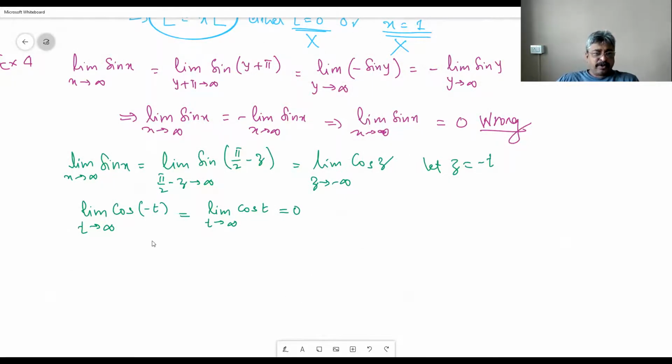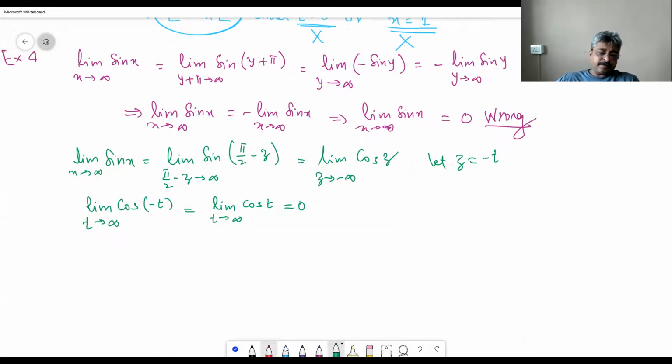Now if we square both sides and take limit, sin square x plus cos square x as x tends to infinity is equal to limit, same. Now sin x we know is 0, so sin square x is also 0, cos x we know is 0, therefore cos square x is also 0, therefore limit 0 as x tends to infinity is equal to 0.